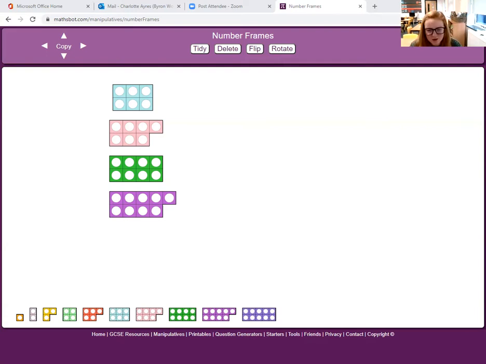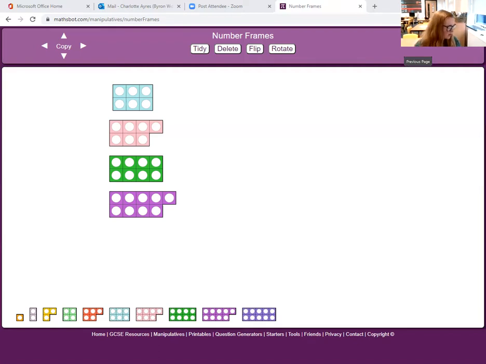So 1, 2 rectangles and 1 triangle makes my core, and 1, 2 triangles and 1, 2 rectangles and 1 triangle makes my core. Fantastic. Okay, I would like you to spend some time drawing out patterns and make your own.